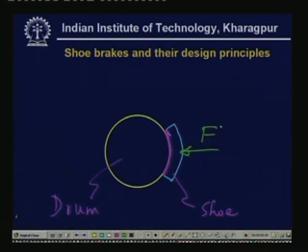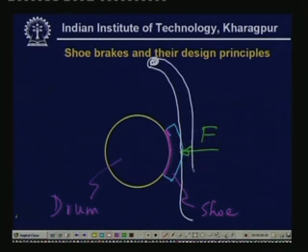This force is sometimes applied by means of a lever. It is not generally applied directly here, but by means of a lever. So, the lever is arranged somewhat like this. This is a lever, and this point is a fulcrum point, and we apply force P directly, not here, but on this one.